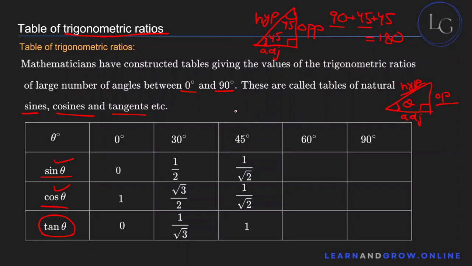Let's say that if the adjacent is 1 and the opposite is also 1, the hypotenuse can be found by the Pythagoras theorem, which states that the adjacent squared plus the opposite squared must equal the hypotenuse squared. So the hypotenuse is basically equal to under root of 1 plus 1.